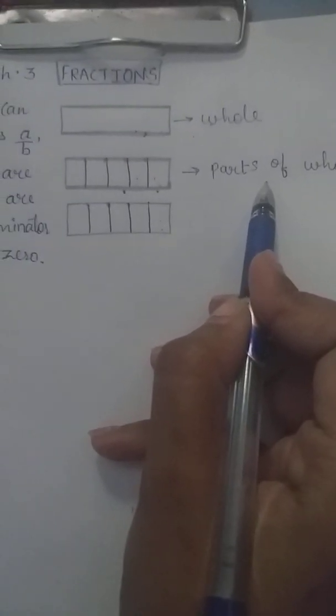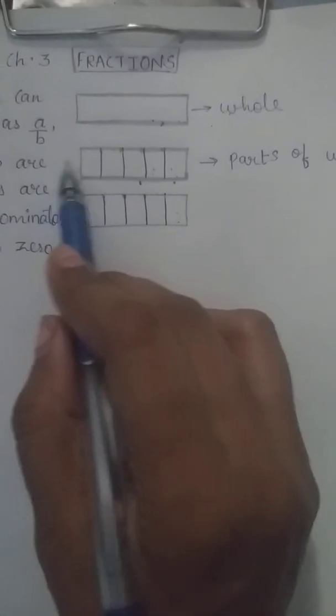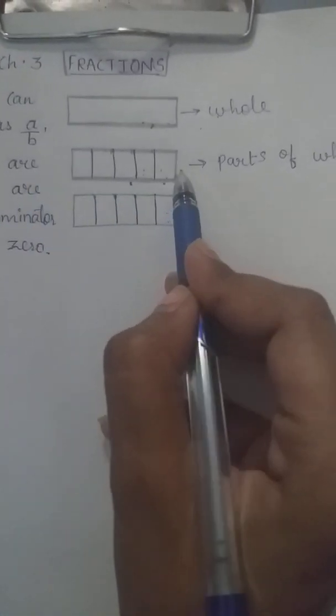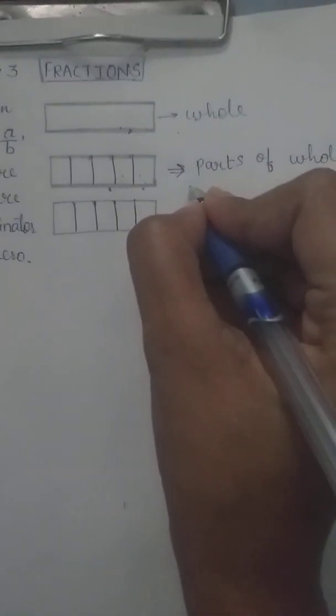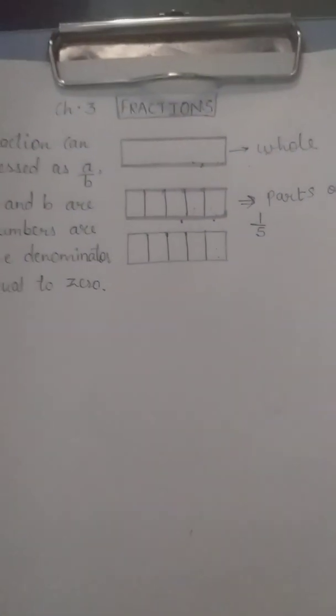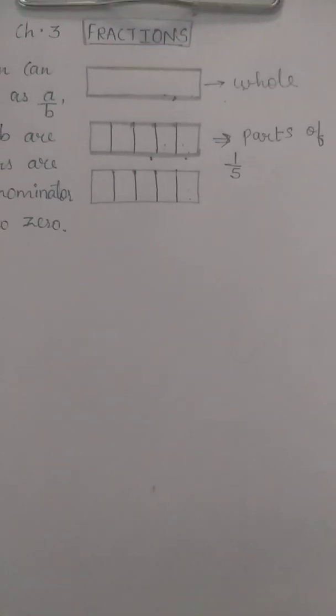So if a box is divided into 5 equal parts, each part is said to be 1/5 of the whole part. So I'll be writing this as 1/5.